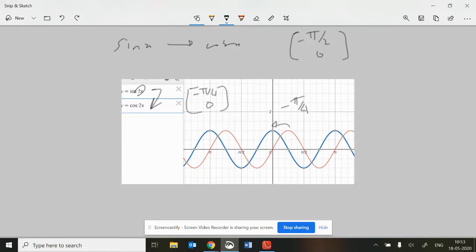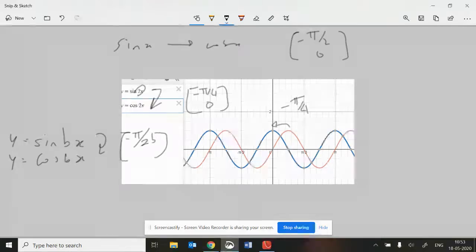So you can imagine what happens if we go to sine of b of x and then to cos of b of x, what takes you from this graph to this graph? Well, we're going to now need to divide the original thing, this thing here, not by 2, but by b. So we've got minus pi over 2. We'll put that b on the bottom there as well. So that's going to be our transformation that's required.